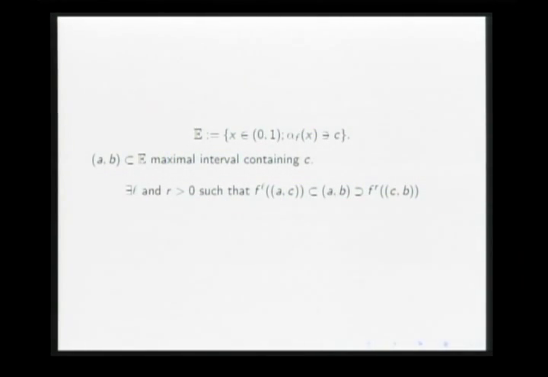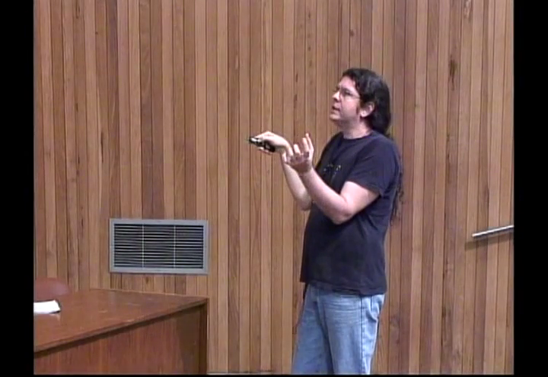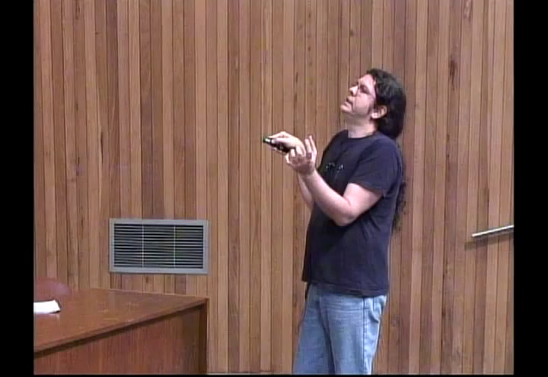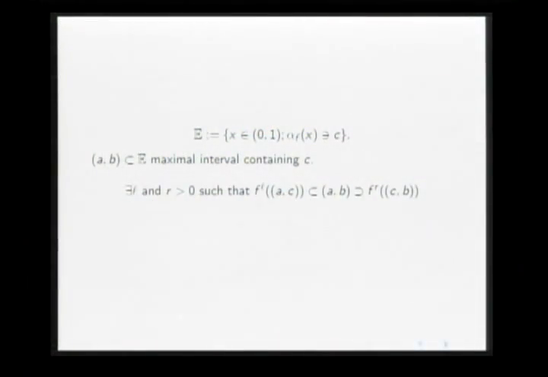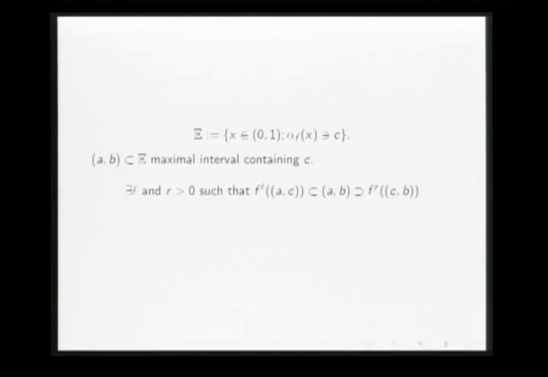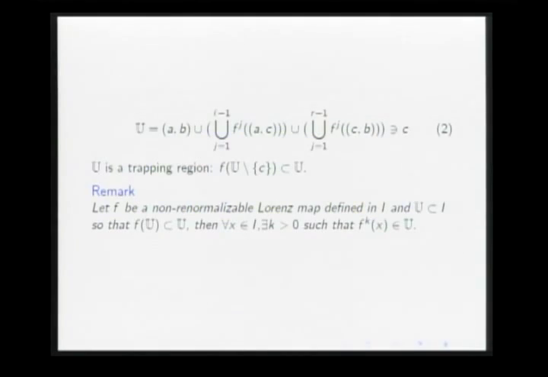If we take the connected component of it, we can observe that there are L and R with these characteristics here, okay? In such a way that we have a renormalization map, and we can construct from this this trapping region, this renormalization cycle. Okay, the remark is that everybody will eventually fall into this region.